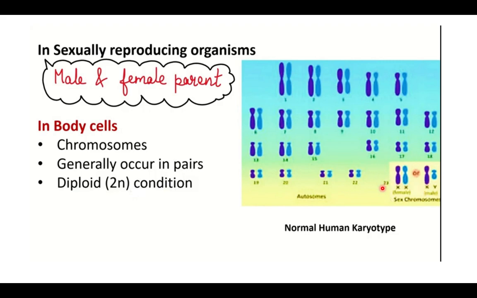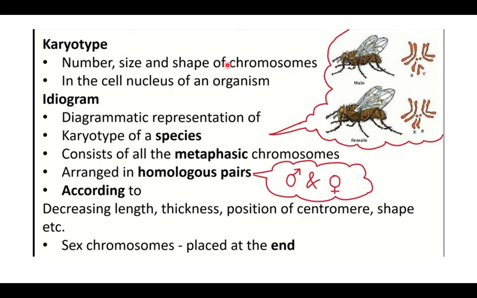The last pair alone is the sex chromosome. All the others are diploid in nature. So this arrangement is shown in the karyotype structure. So this is a karyotype, ma. The number, size and shape of the chromosomes are denoted in the structure.